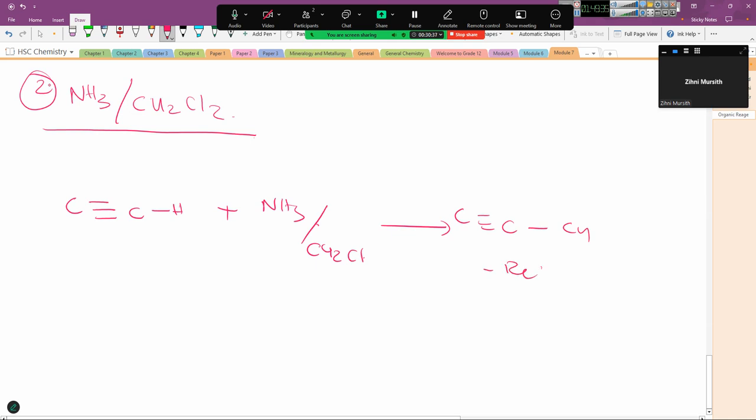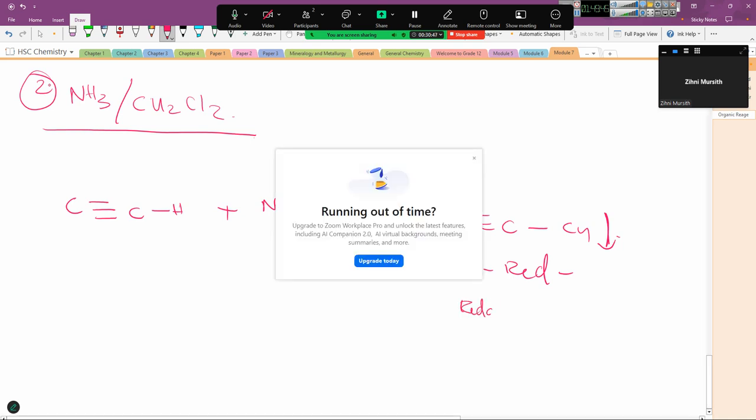Earlier it was a white color precipitate, right? Red, or sometimes reddish brown, depending on the condition. In different books, they might use different colors.